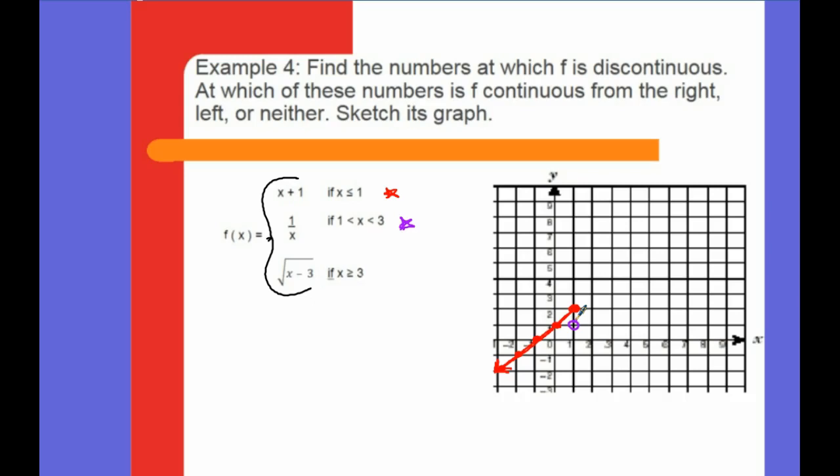At 3, you're at 1/3, and at the middle of 2, you're at a half. So 2 is a half, 3 is a third. So I have a slight little curve. Both are open circles at beginning and the end.